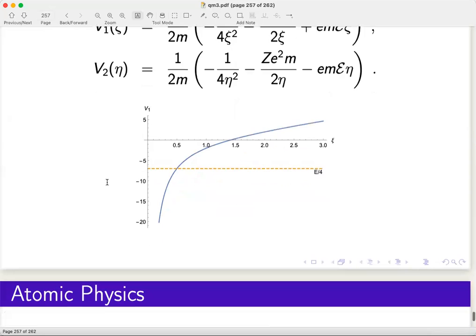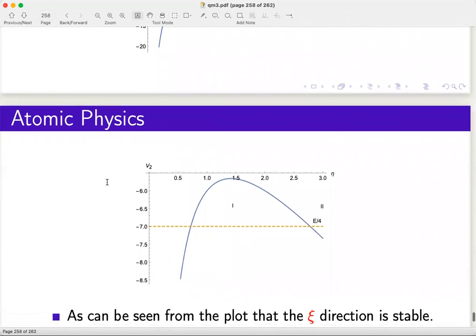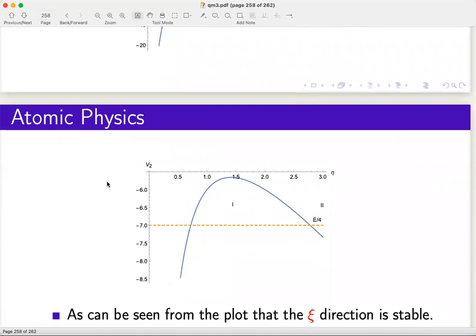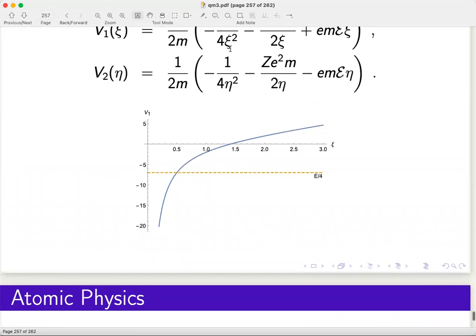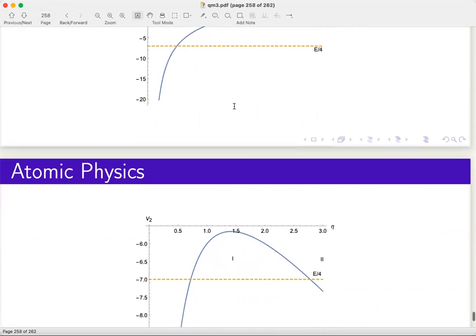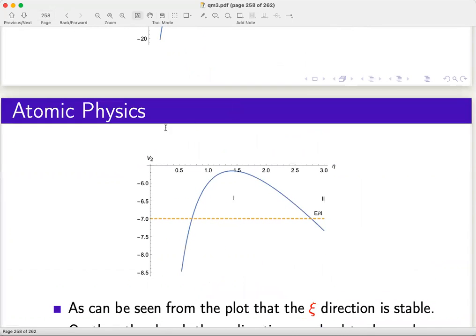Let's look at V2. So V2 takes the form which is like this. And these are not approximate plots. I have plotted precisely these functions by putting in some values of z and m and E and so on, and it plots in this particular way. So here is the potential in the eta direction. Clearly, the E by 4 state is not stable.